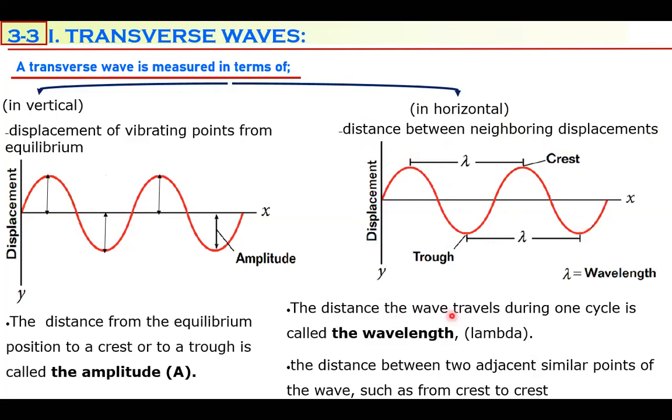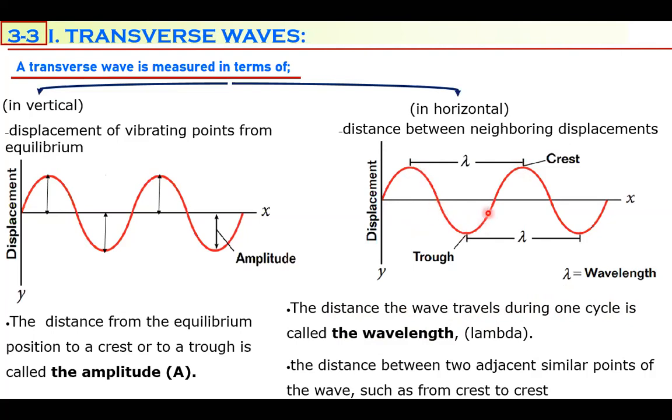The distance the wave travels during one cycle is also a wavelength. In one cycle, this wave travels a distance equal to one wavelength. So from here to there it is one cycle.